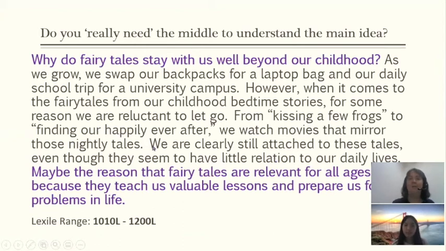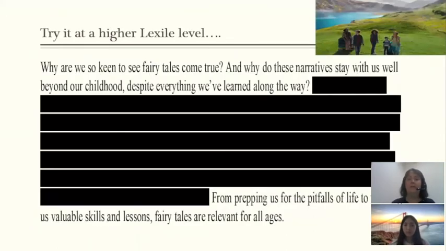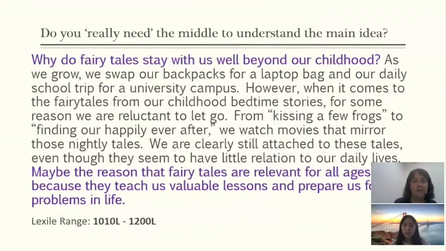But all of this supports the main idea. So if we're trying to speed read, we basically just need the topic and conclusion sentences, right? Now, this one was a Lexile range of approximately 1010 to 1200.